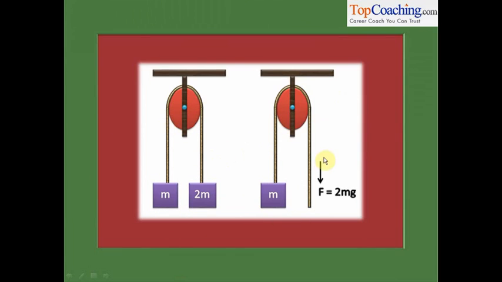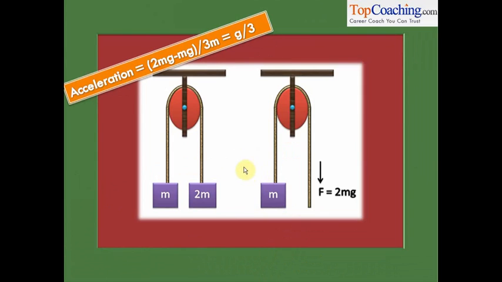In this case, we can use our special interesting technique, the technique of spreading our threads and calculating the acceleration of the blocks. When we use that technique, we see that the acceleration in the left pulley is (2mg minus mg) by 3m, or g by 3. This is because the net pulling force in the case of the left pulley is 2mg minus mg, isn't it?